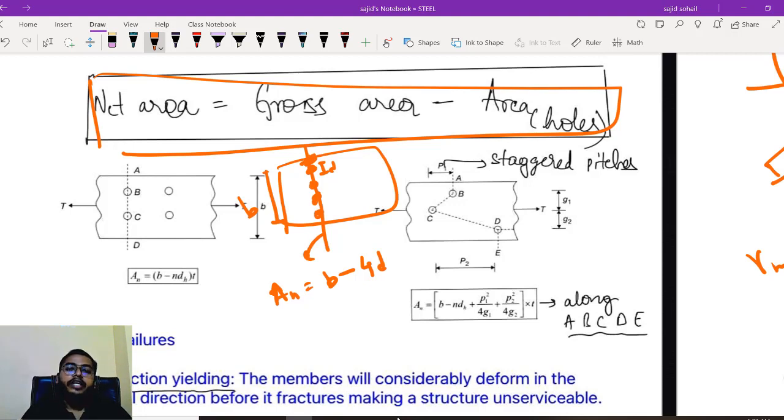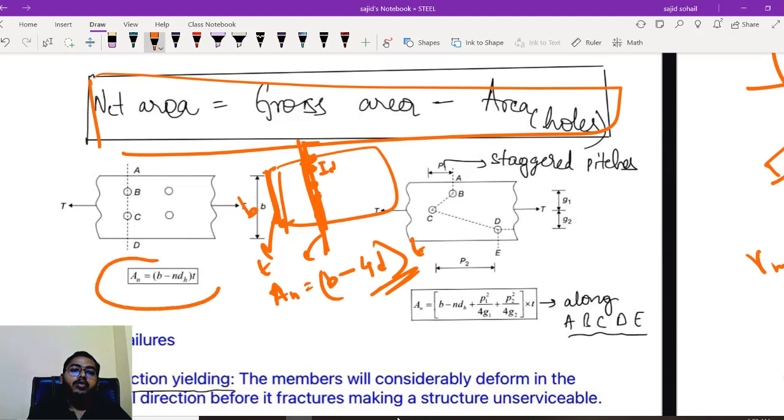Agreed or not? So into the thickness of this plate, that will be the cross sectional area which is resisting the tensile forces at this critical section. I hope it is very clear, right?